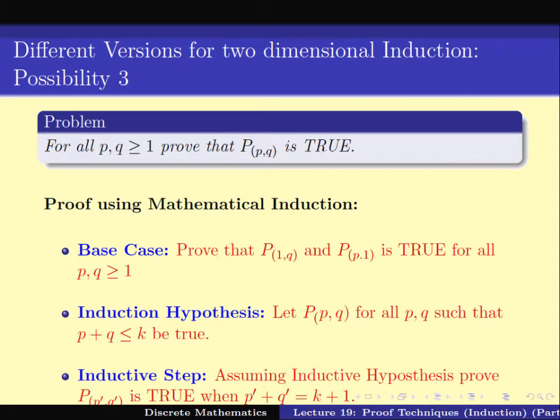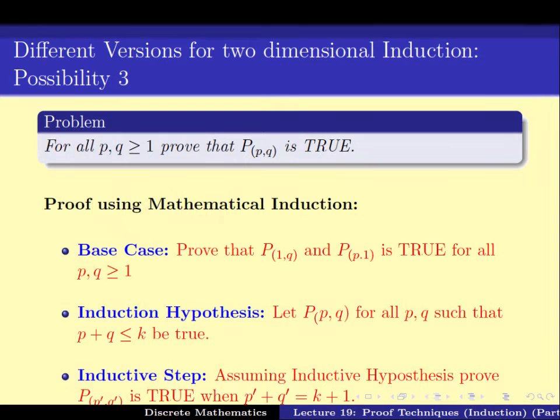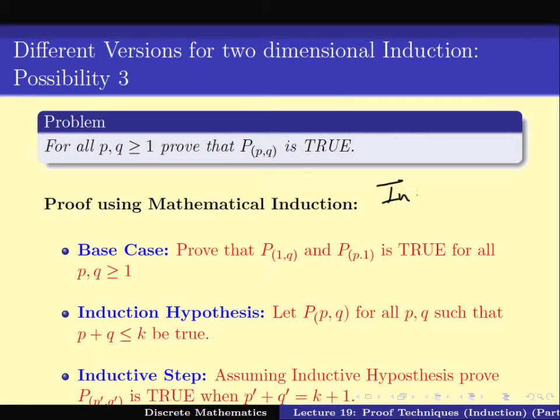So in other words, here we are inducting on p plus q. We are saying that if p plus q is k, then I can use it to prove the case when p plus q is k plus 1. Again, check that this indeed helps us to cover all the cases, or all the two-dimensional points.